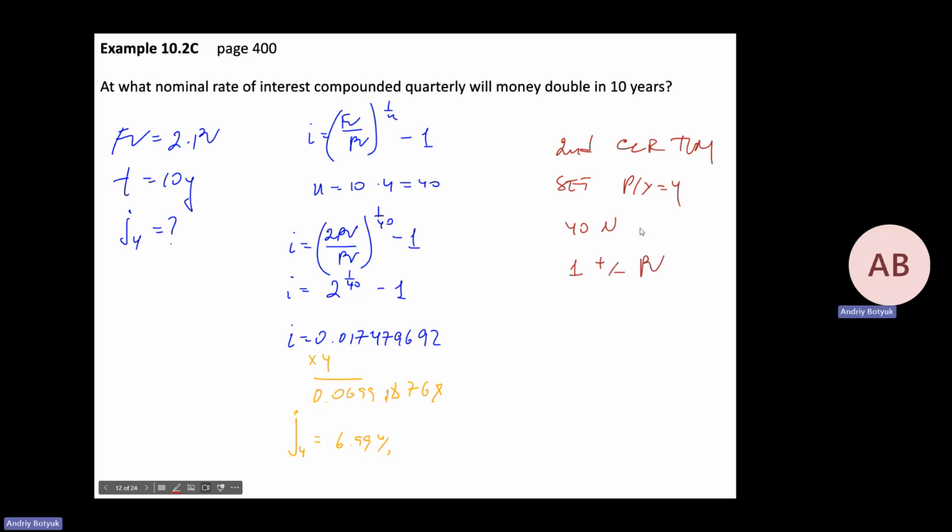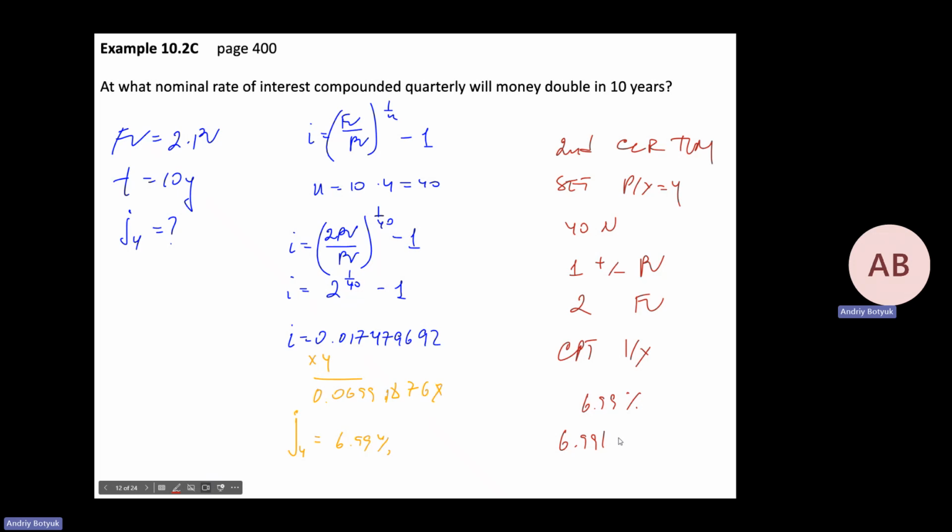Yes, 1 or any other amount. 1, then 2 for future value, compute I/Y. So let's do it. And I found 6.99%.